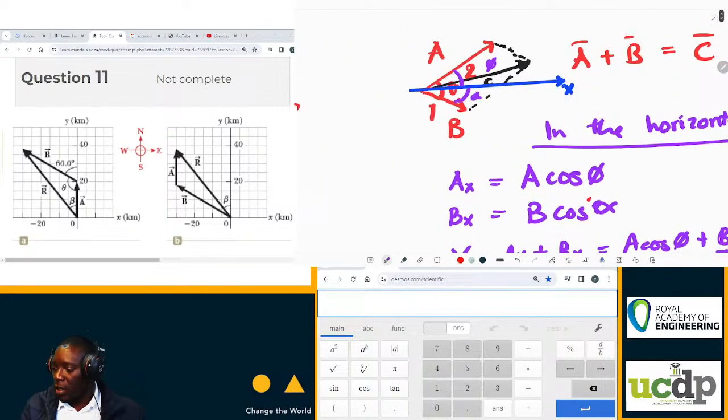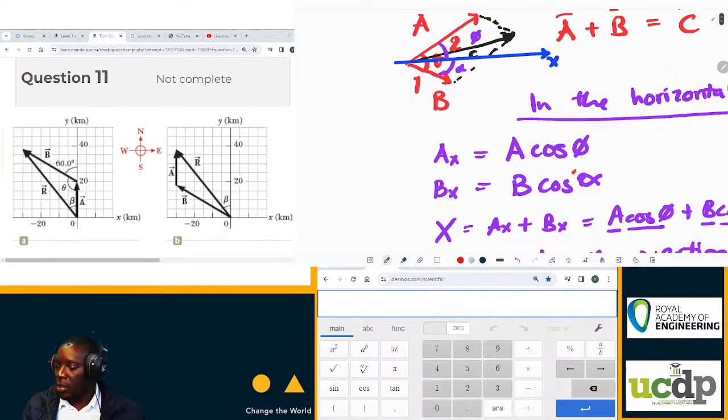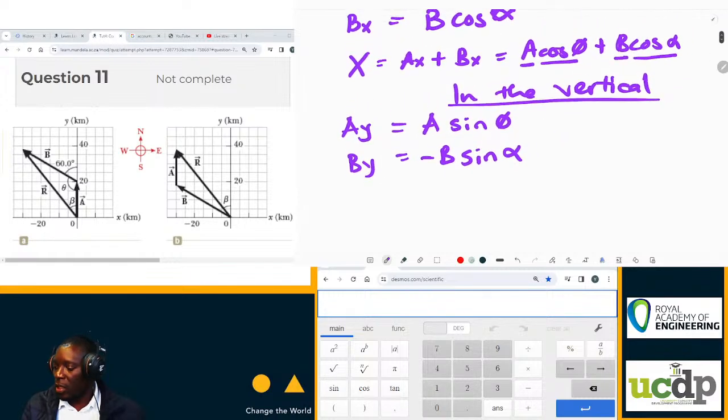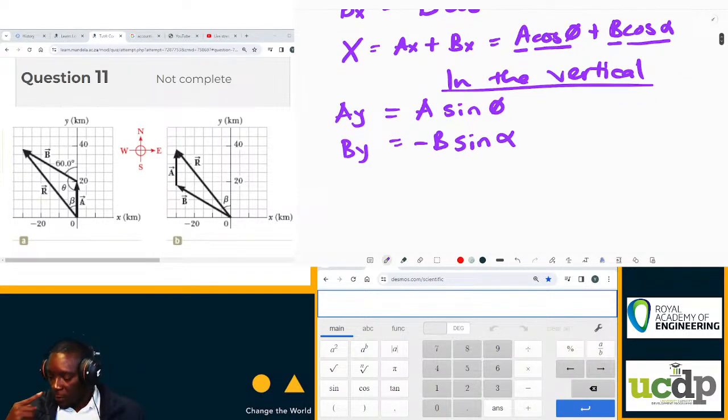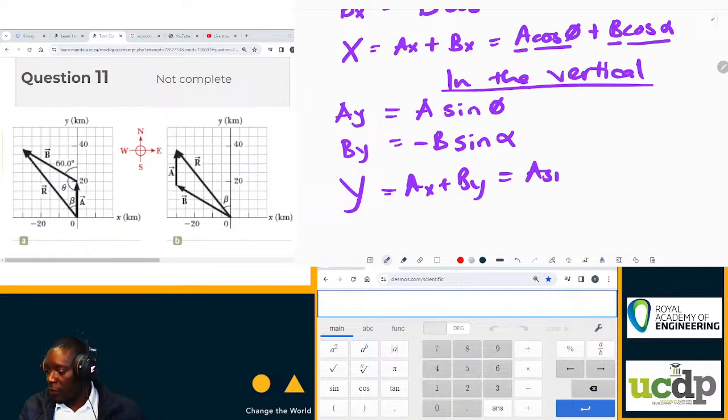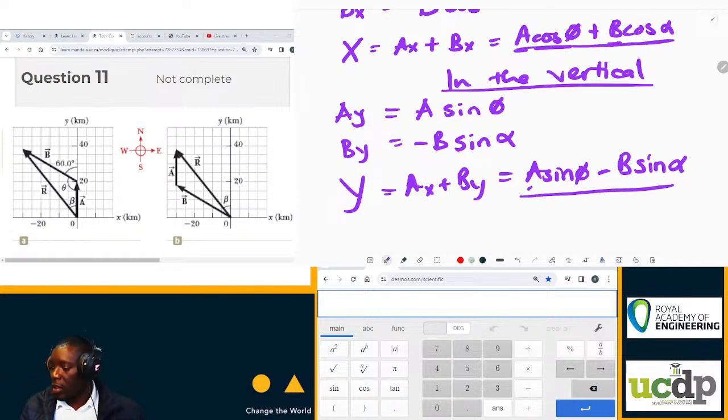Remember, B is below the horizontal and is in the negative direction, so that negative sign becomes important, such that our total vector in the y is ay plus by, which is A sin phi minus B sin alpha. So this is the sum of the components that make the y.